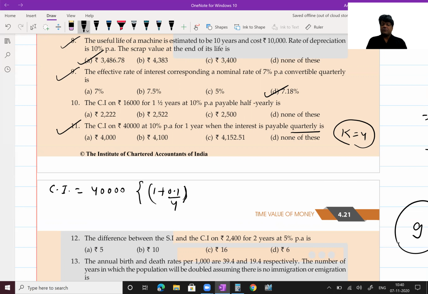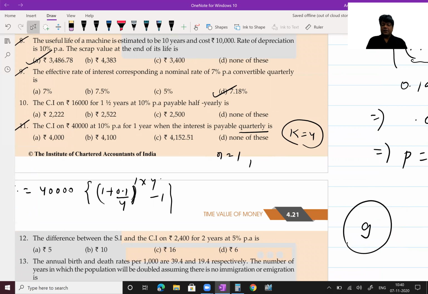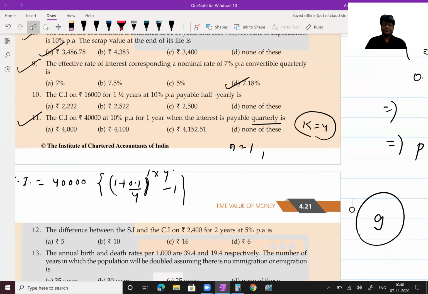So your n is equal to how much here? 1. And K is equal to 4. So in power, what will happen? nK means 1 into 4. Clear? Compound interest, minus 1. Guys, I will remind you the formula here.